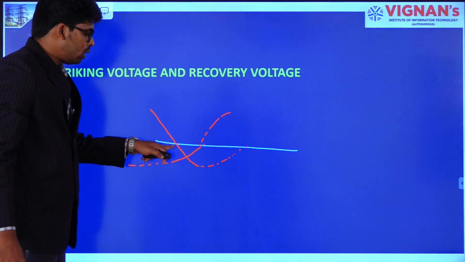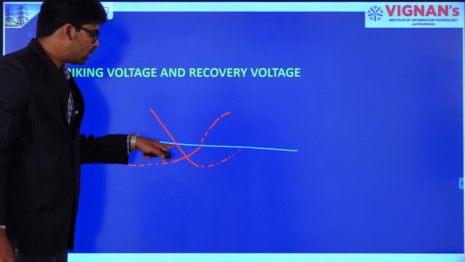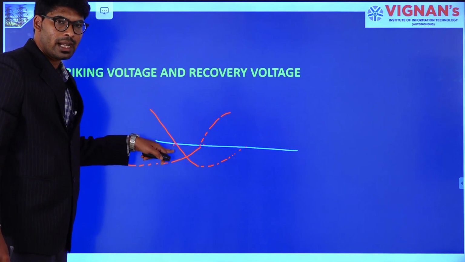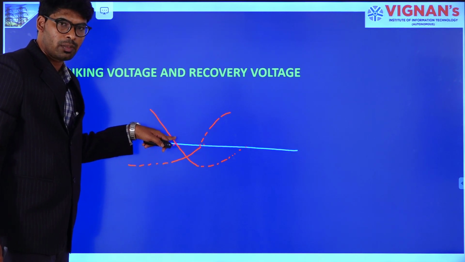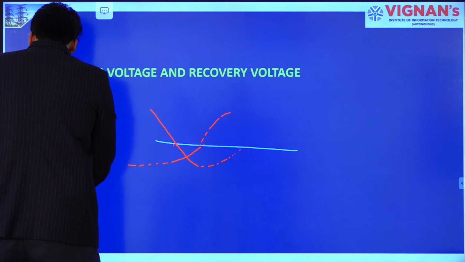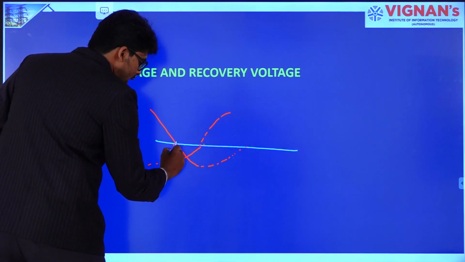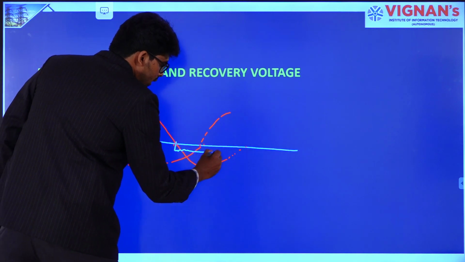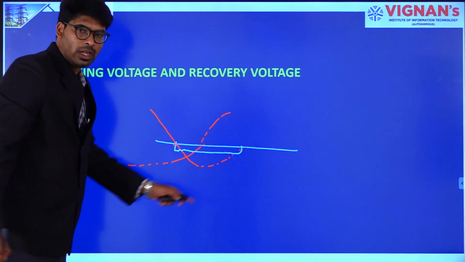Now, at this point, we want to operate the circuit breaker. The circuit breaker is designed to operate at this point, that is current zero interruption. So at this point, there will be a voltage, which is called arc voltage.